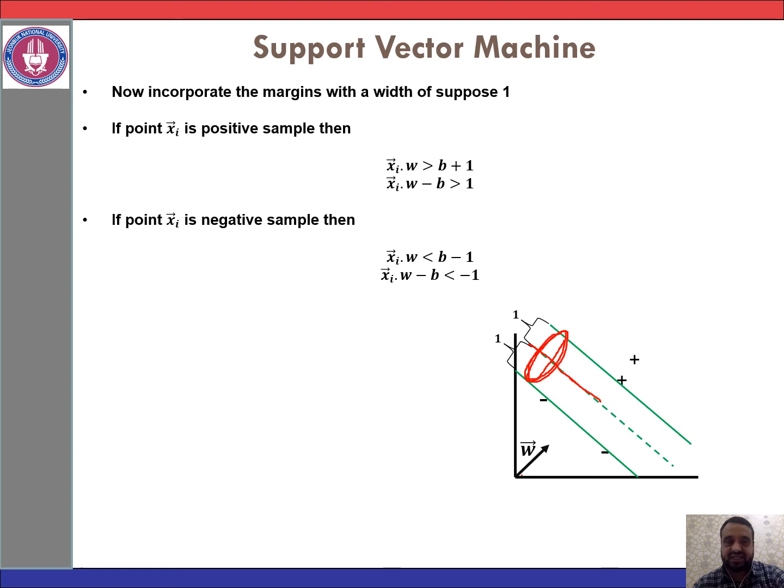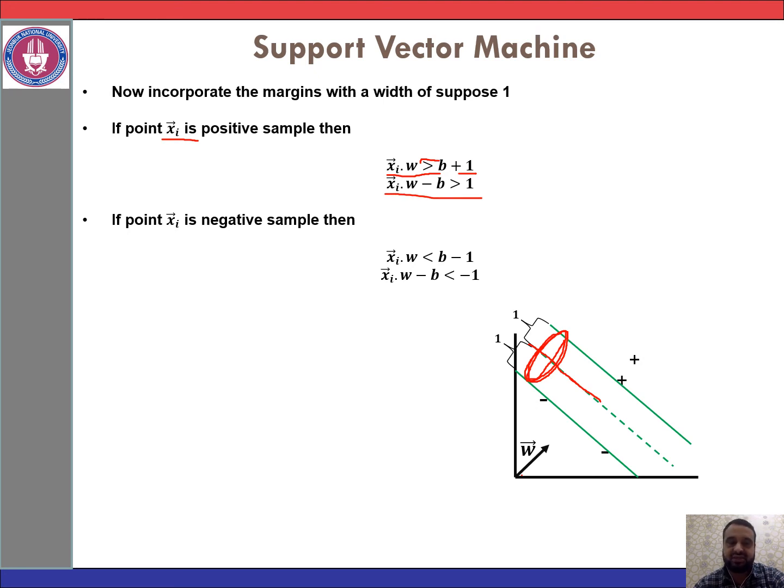If xi is a positive sample, we take the dot product and it will be greater than b with an additional 1 added. If we take this b to the left side, this will be xi dot w minus b is greater than 1. So this is the new decision rule for the positive class.